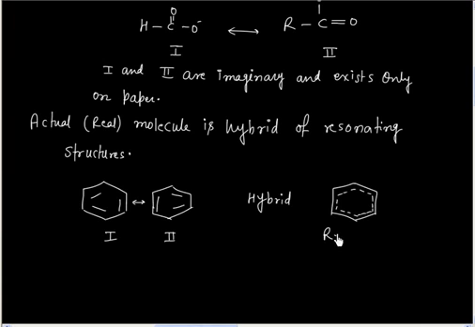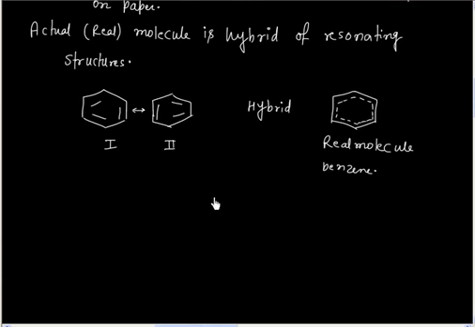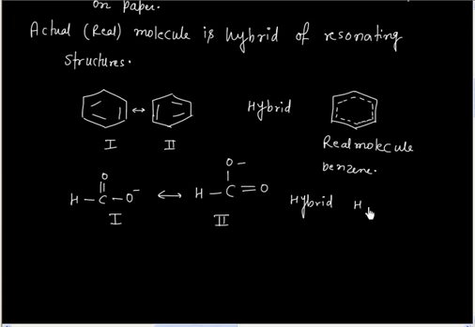So this is the real molecule of benzene, that is, the hybrid. Similarly, formate is a hybrid of these two resonating structures. This is the actual molecule.